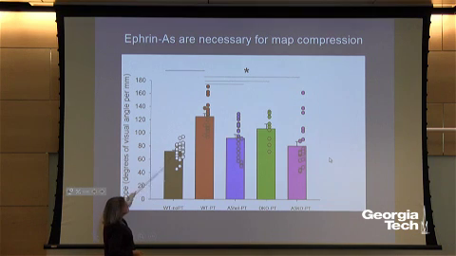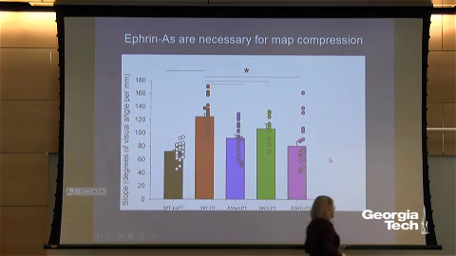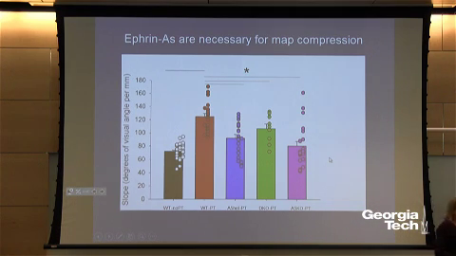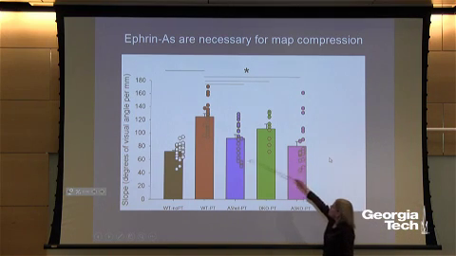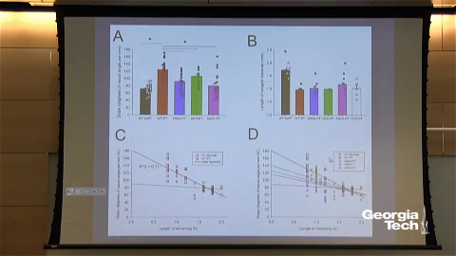But if we do the statistics, we see that in every one of the knockouts, excepting the TKOs where we can't calculate a slope of the map because there's no map, they are having a problem, some more than others, with compressing that map and increasing the slope of the projection. And I haven't done the statistics yet. That's up for the SFN meeting, so I couldn't quite get it done for you guys, but it's going to be interesting.